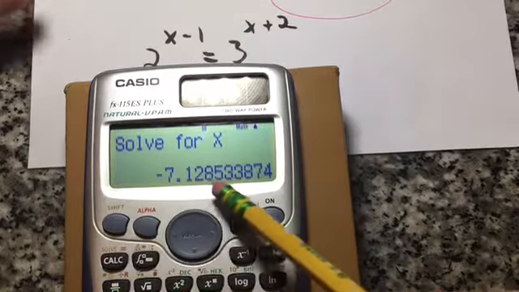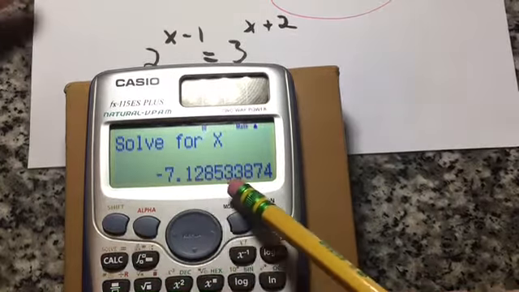Now it's asking, I already have the answer from the last one. It's basically asking to guess. So I'm going to guess at -7. I meant to hit solve, so it's not that big of a deal. You hit the right arrow to go to the solve. So you're going to hit shift solve.